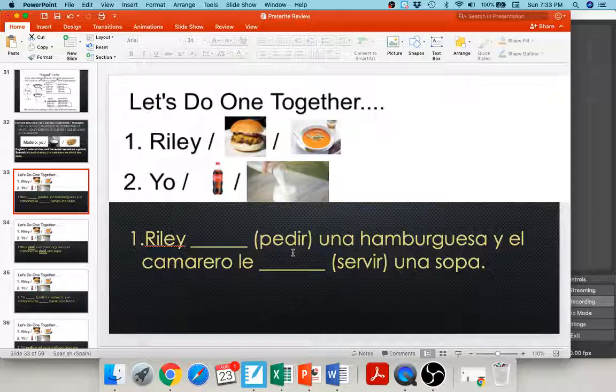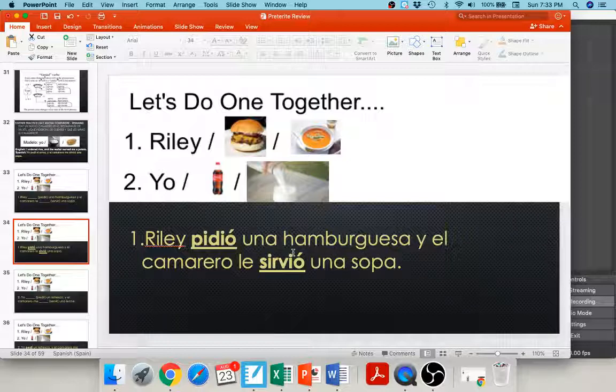And the waiter served him, again, servir normally has a stem change from E to I. So in this case, it's only going to change still from E to I, but only in the third person singular and plural forms. So Riley pidió una hamburguesa y el camarero le sirvió una sopa.